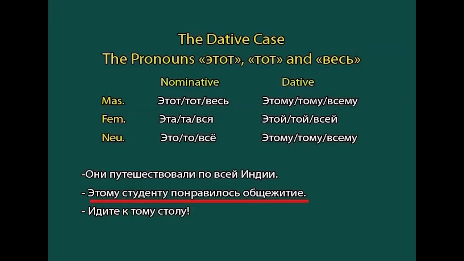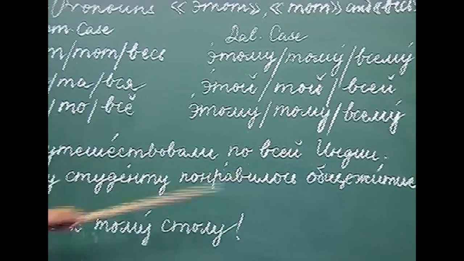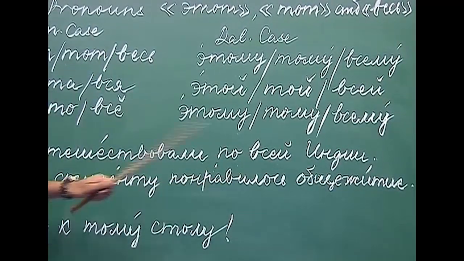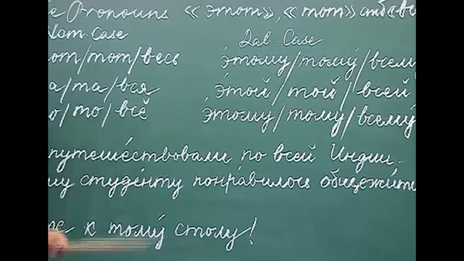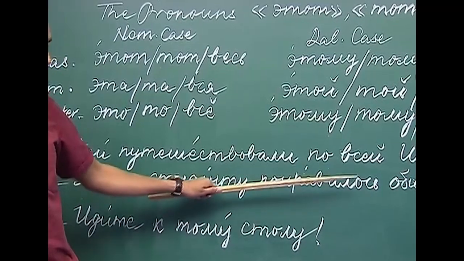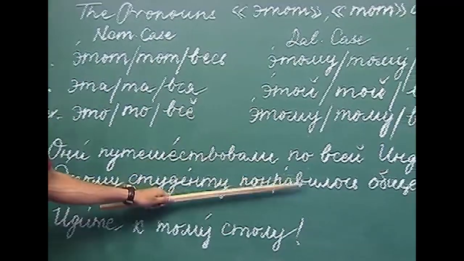Этому студенту понравилось общежитие. Общежитие is hostel. Понравилось, we have done this word. This means to like. And этому студенту here represents the logical subject of the verb понравиться. So, this student liked the hostel.